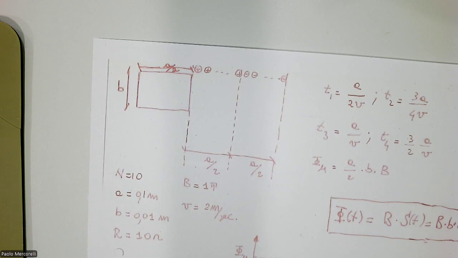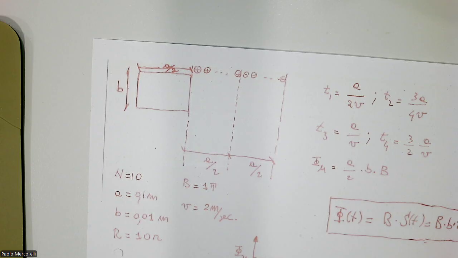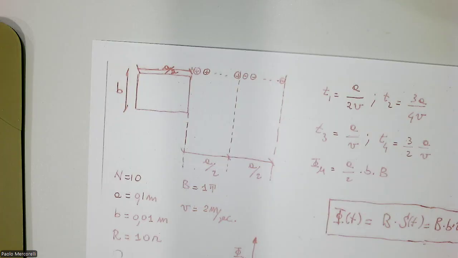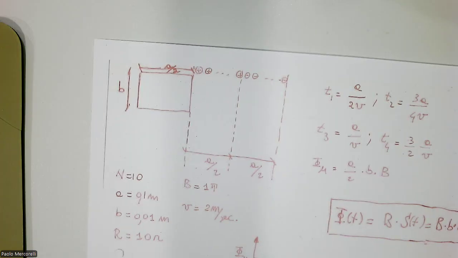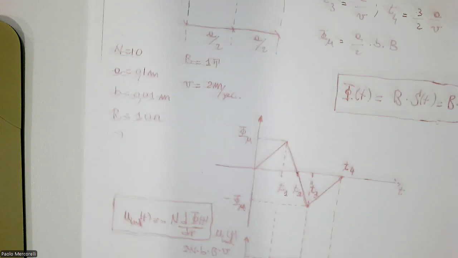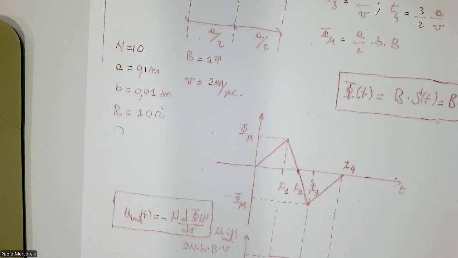We have a voltage, the name is induced voltage, which appears in the coil, is induced in the coil. And you can also find this equation here in the data sheet.